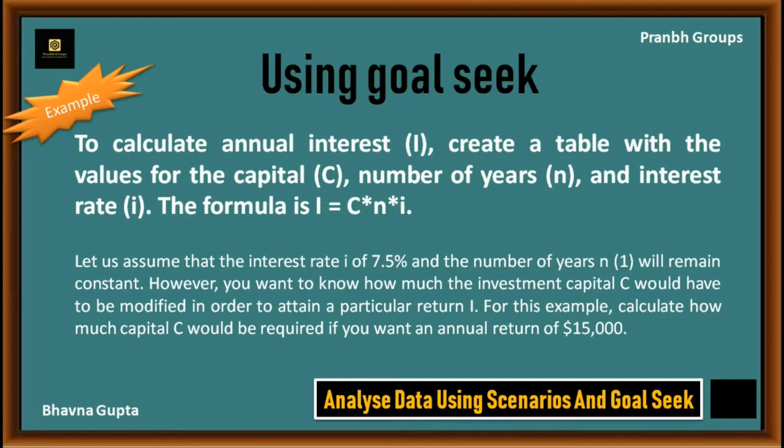However, you want to know how much the investment capital C would have to be modified in order to attain a particular return I. For the example, calculate how much capital C would be required if you want an annual return of 15,000. Let's do the practical.